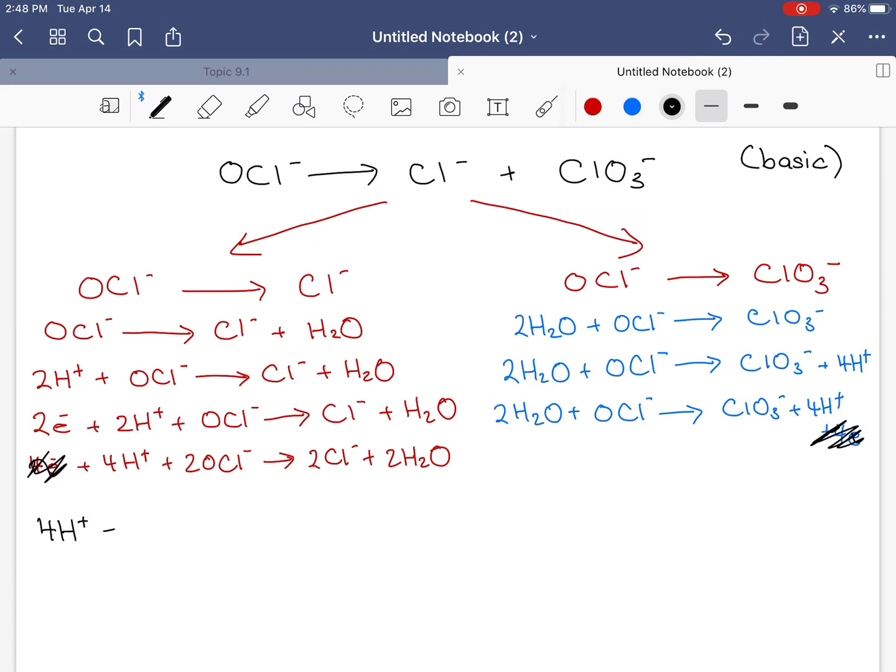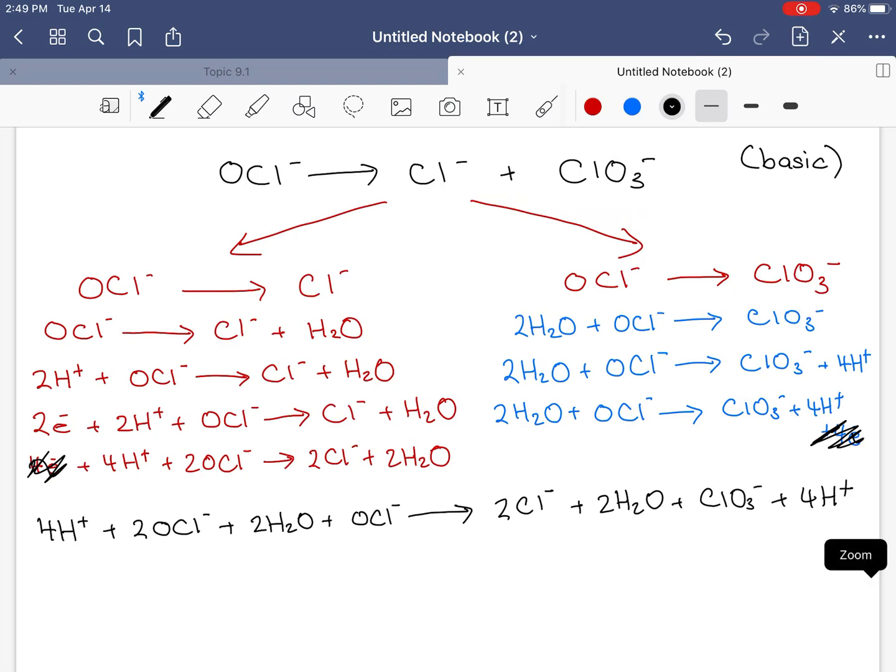Let's put it together. 4H plus 2 OCl minus plus 2 water plus OCl minus. That will give you 2 chloride ion plus 2 water plus ClO3 minus plus 4H plus.